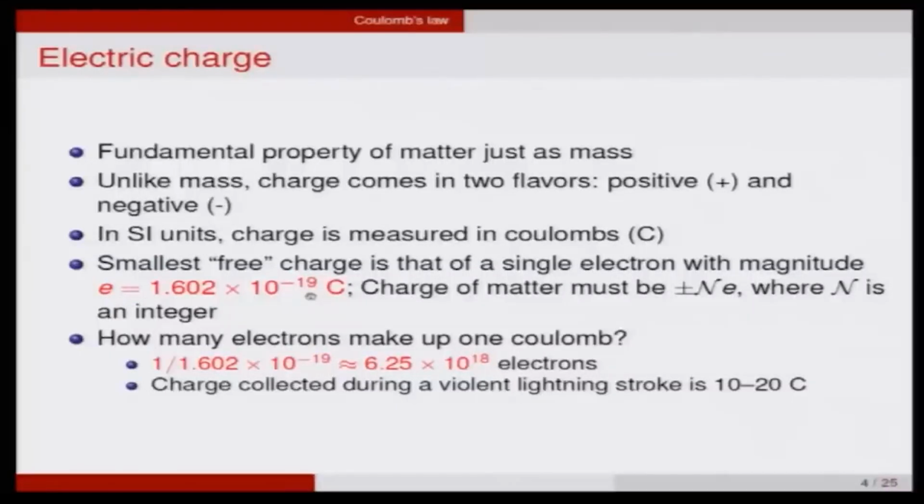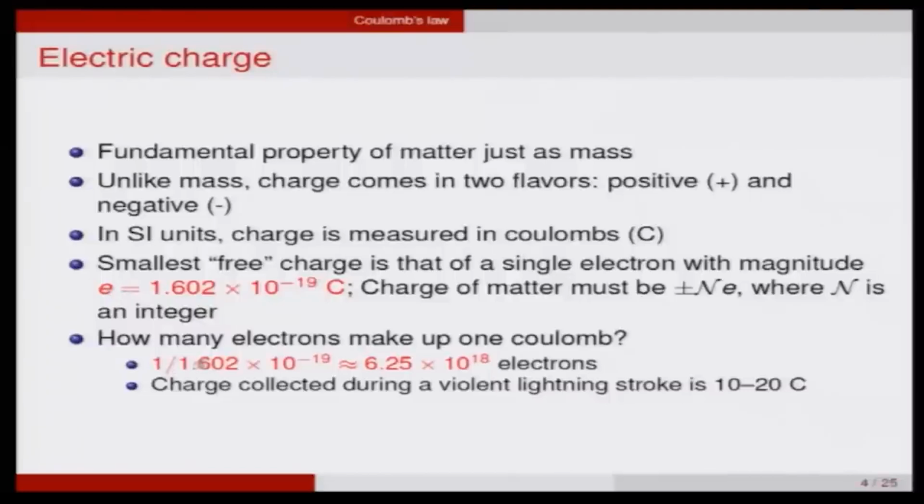Just to give you an order of estimate, how many electrons does it actually require to make up 1 coulomb? One smallest magnitude free electron charge is 1.602 × 10^-19 coulombs. So, to make up 1 coulomb you need 1 divided by the value of e.